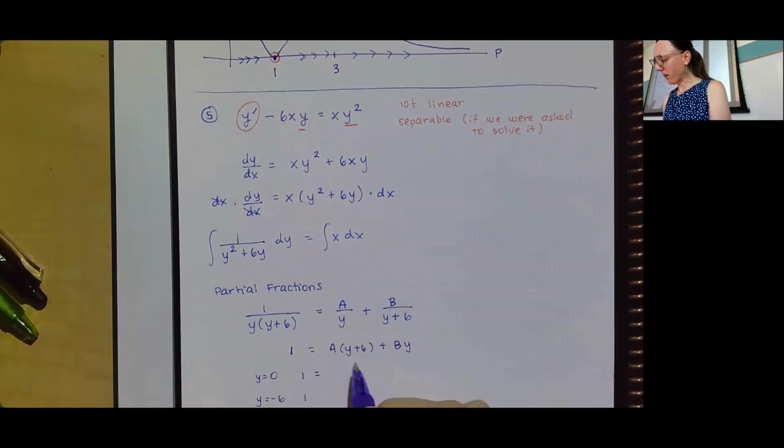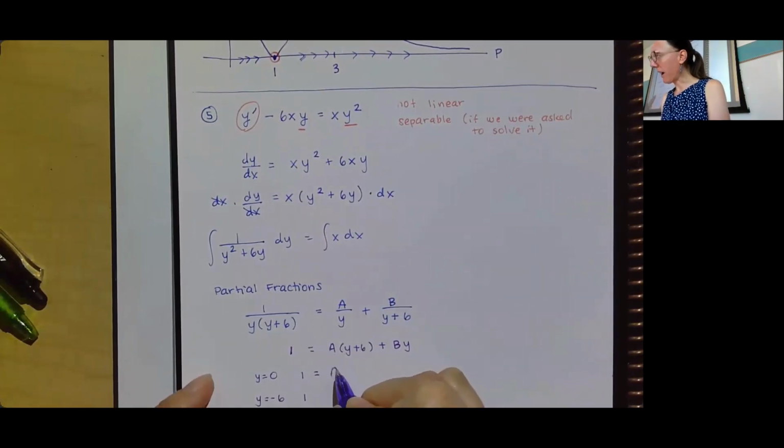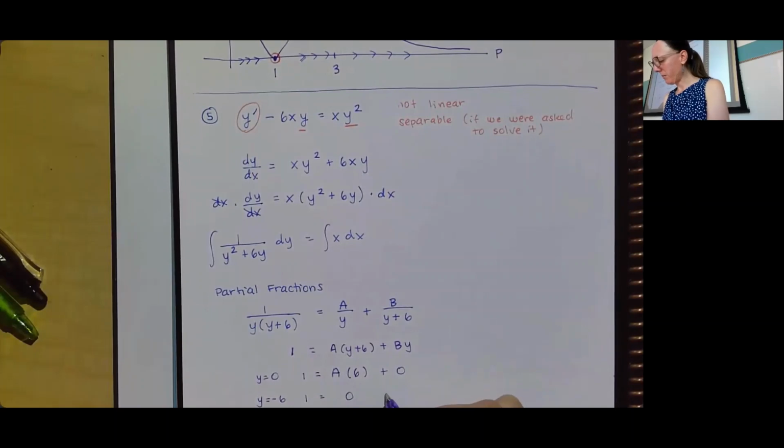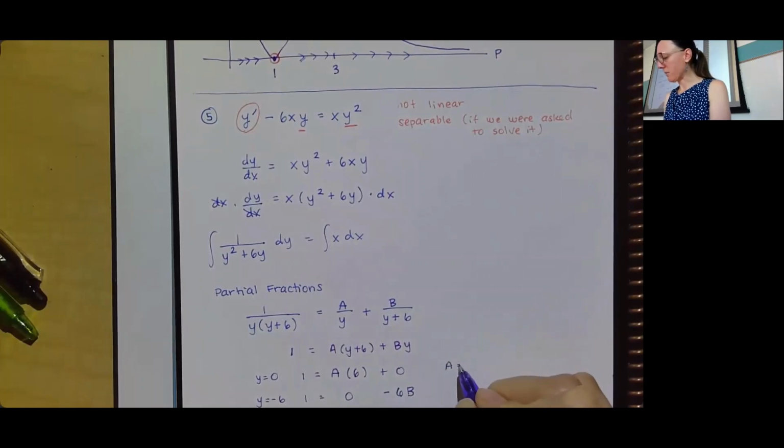So if I plug in 0, I've got a times 6 plus 0. And if I plug in -6, I've got 0 minus 6 b. So I get that a is positive 1/6 and b is negative 1/6.